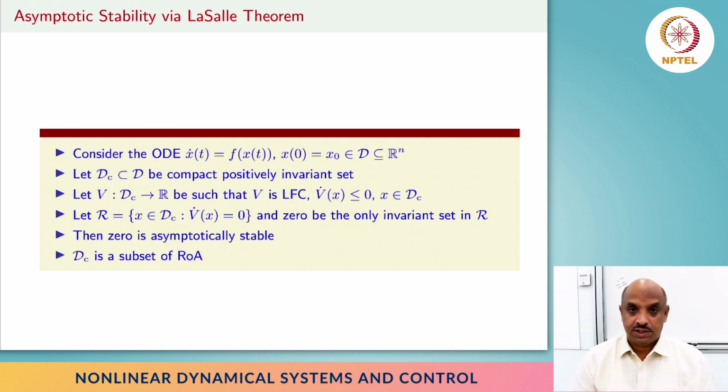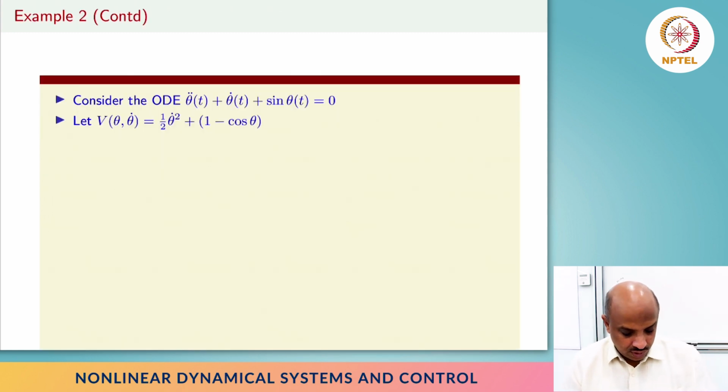Combining convergence and stability, we get the conclusion that 0 is asymptotically stable. So in that sense, understanding the result is very important. It's quite subtle, and you'll see it in a few examples. So let's go to example 2.